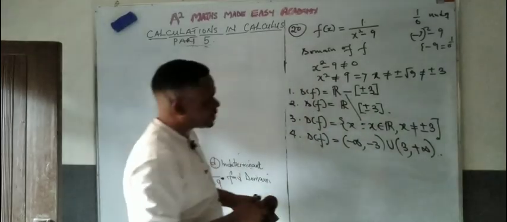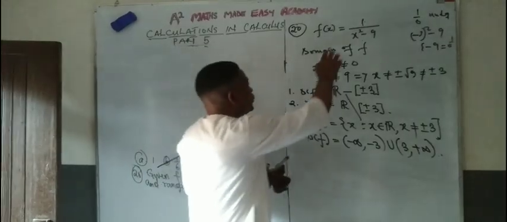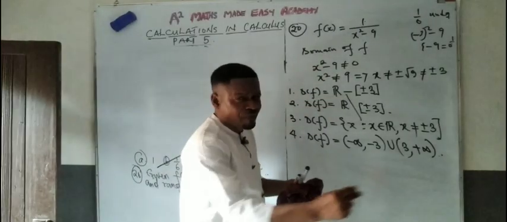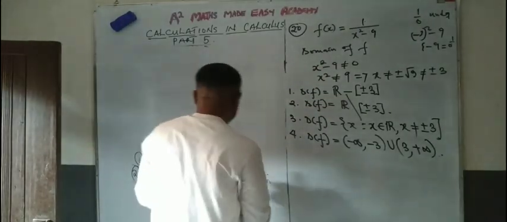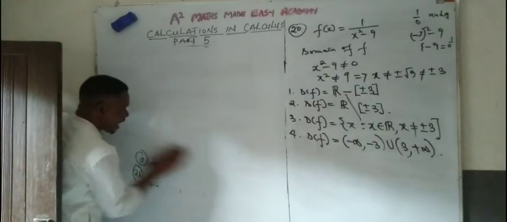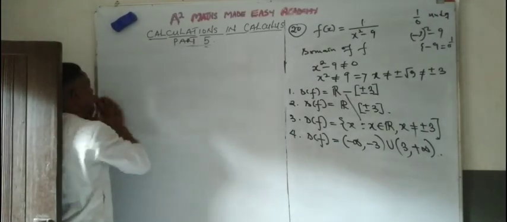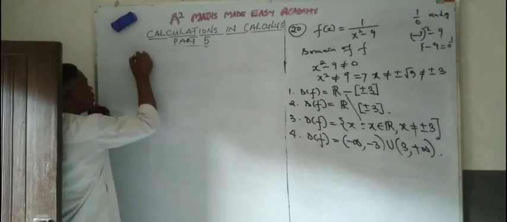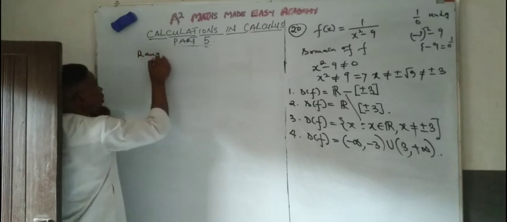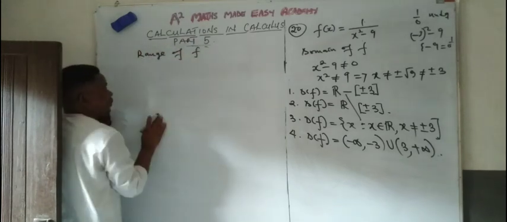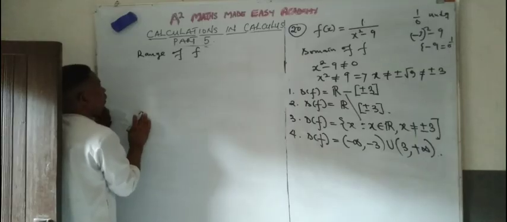All these are the same. That is the domain of this rational function. Have I made myself clear? Then the next thing, which is the last one, is how to determine the range of this rational function. Here we go. Now we are looking for the range of f. Be careful. Remember what I said before.